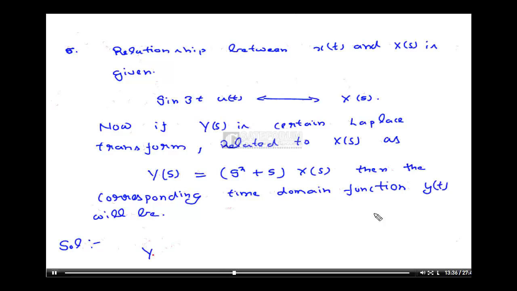We have seen that Y(s) equal to s square plus s into X(s).